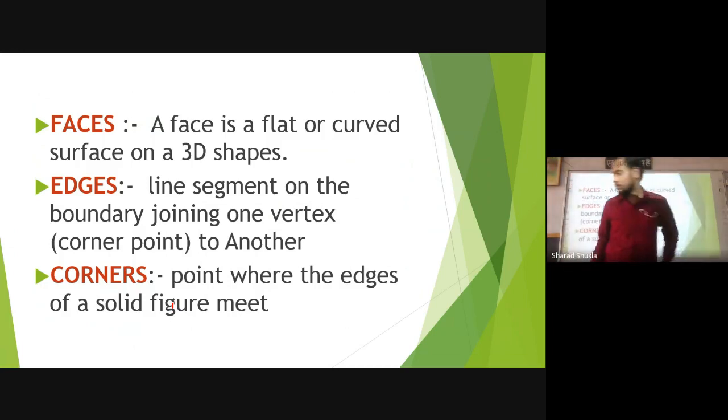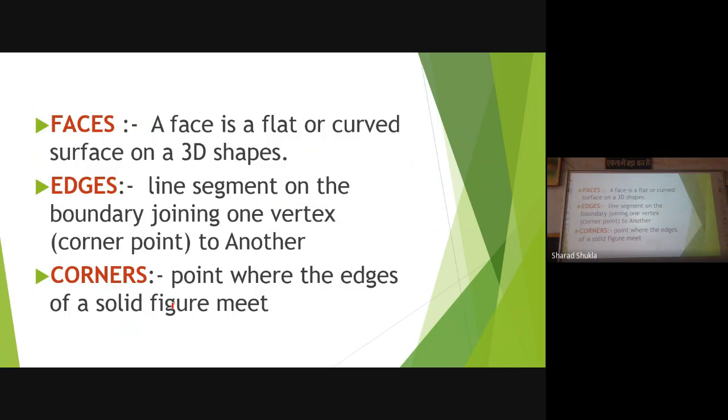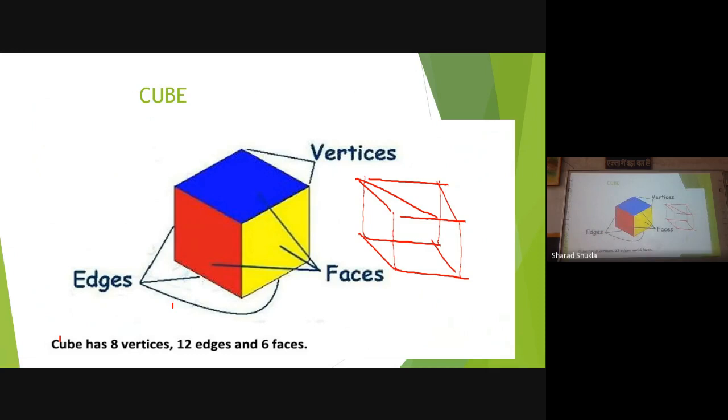Next, we understand here very well the definition of 3D shapes. First we are given a picture of a cube. Here we are given the concept of faces, vertices, and edges. Here we just count the number of faces, corners, and edges.